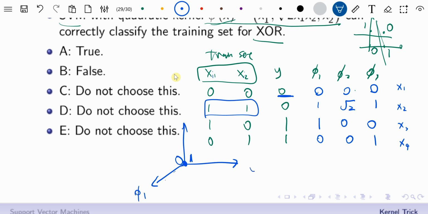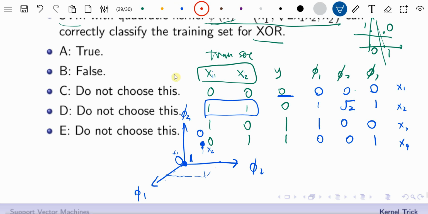So this is phi1, phi2, and phi3. This is 1, square root 2 is a little bit larger than 1, and phi3 is 1. So it should be somewhere here, labeled 0. That's x1, that's x2, and let's find the other two.